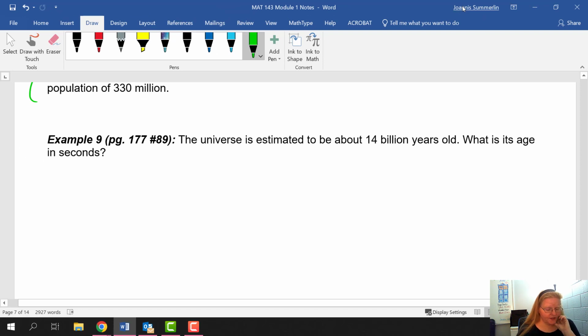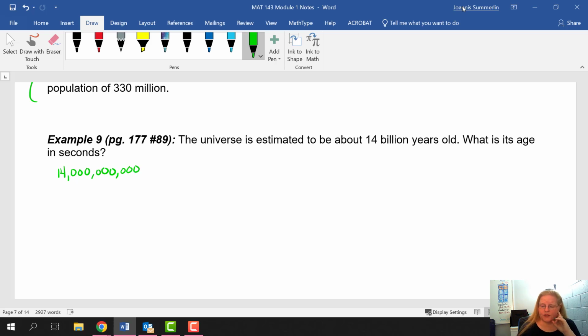The universe is estimated to be about 14 billion years old. Billion, million, thousand, there we go. 14 billion years old. What is its age in seconds?